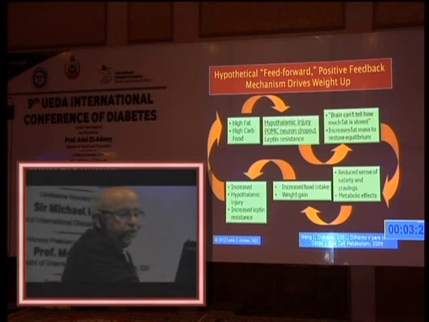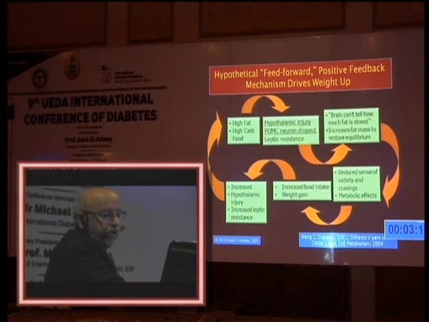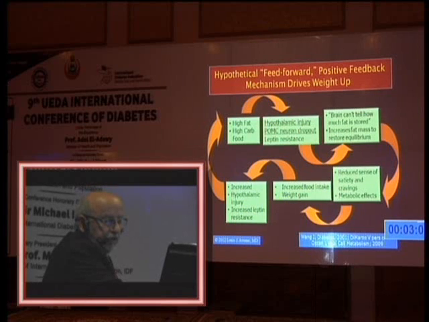This will lead in turn to the brain being unable to tell how much fat is stored, and so it increases fat mass to restore equilibrium. This will lead to reduced sense of satiety and craving, with the metabolic effects of that. That will lead also to increased food intake and weight gain, increased hypothalamic injury by this increased weight, and increased leptin resistance. That will complete the vicious cycle.